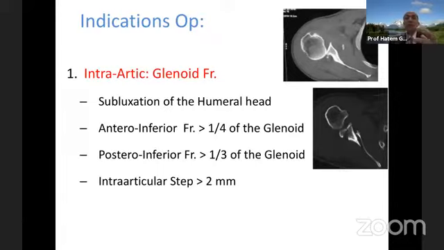The head will be too unstable, and that needs to be fixed. And of course, any intra-articular step. Now, that used to be a 4 millimeter or 5 millimeter indication. But as with most joints, we do not accept more than 2 millimeter displacement. So I would propose that we continue the 2 millimeter mark as we do with most joints.